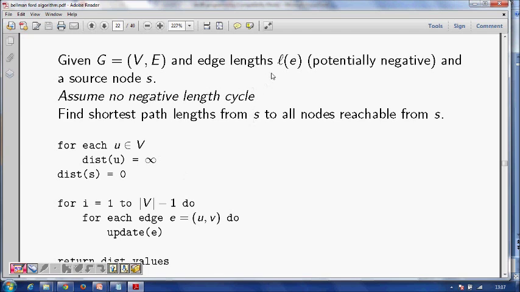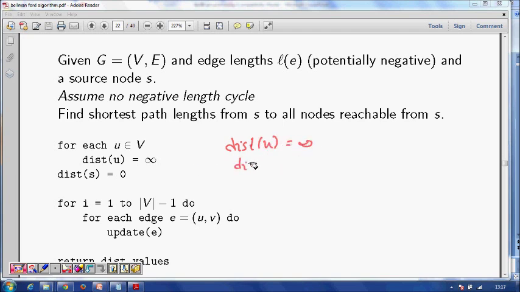We are given a graph with vertices and edges and edge lengths L of e, and they can be negative also. Initially, for all the nodes in that graph, we set distance of u equal to infinity, except the source, and distance of S is 0.